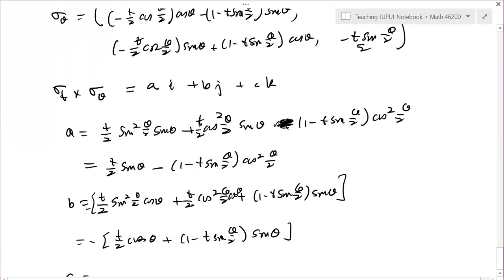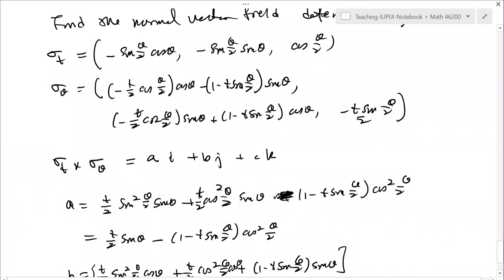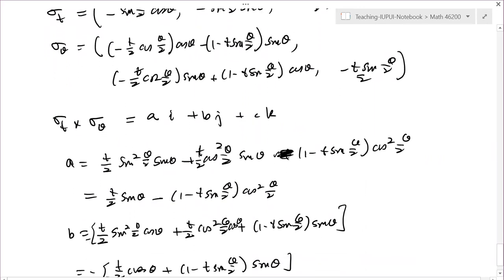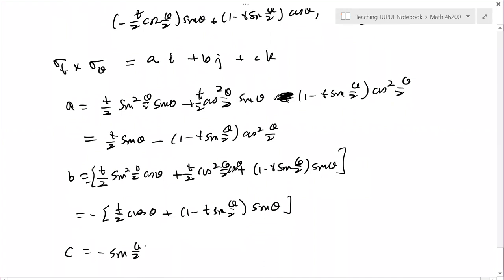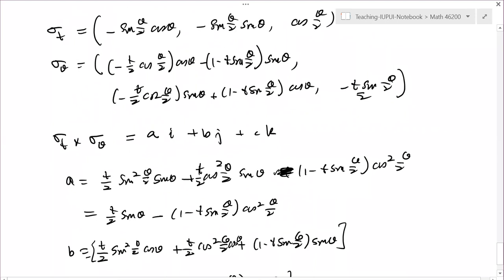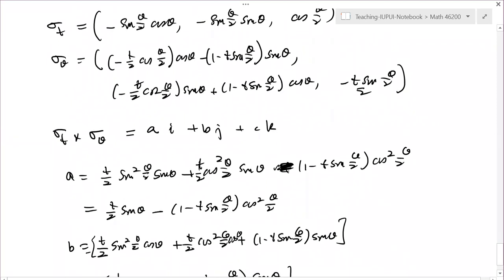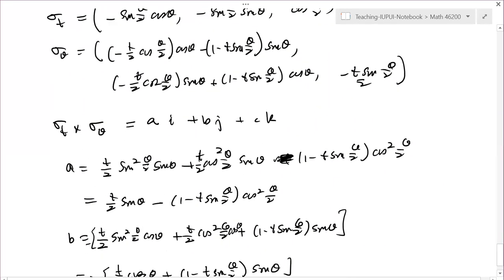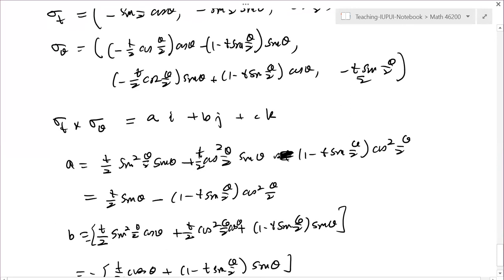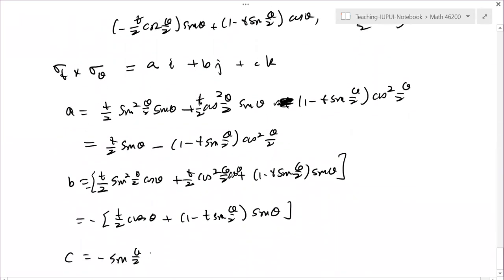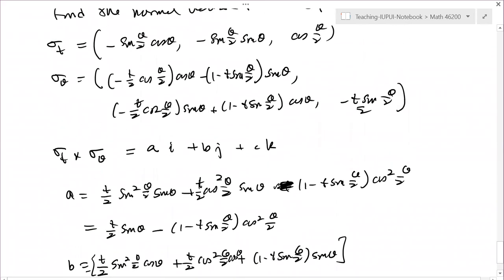Then C. C is the last term. It's going to be negative sine half of theta, half of theta and cosine theta. It's harder to memorize all the terms. So it's negative, negative becomes positive, yes.